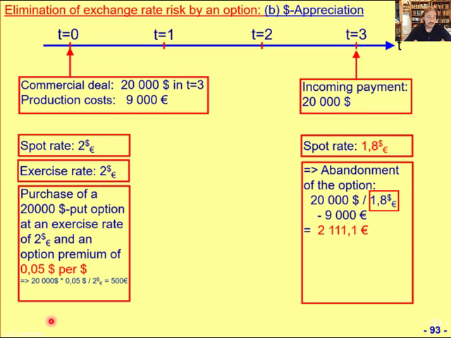Thus, we would receive more euro for $1 as if we would use the option.